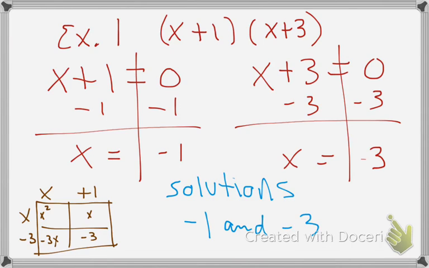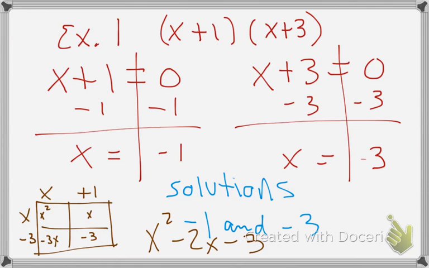So the factored form of this is x squared plus 4x plus 3. So the quadratic that we would graph is x squared plus 4x plus 3. And the two roots where that would touch the x-axis would be at -1 and -3.